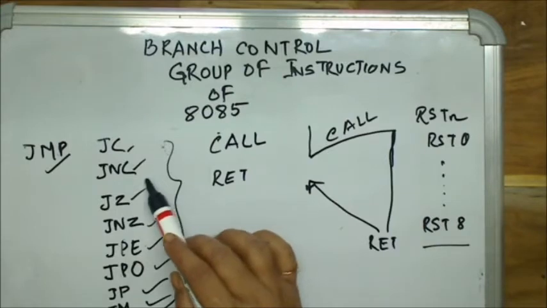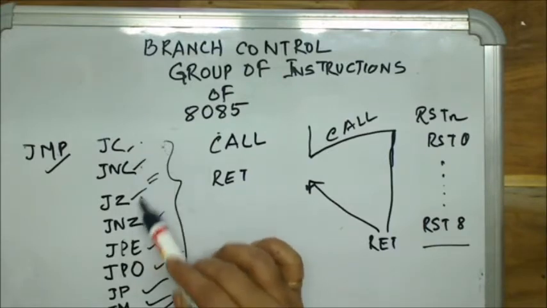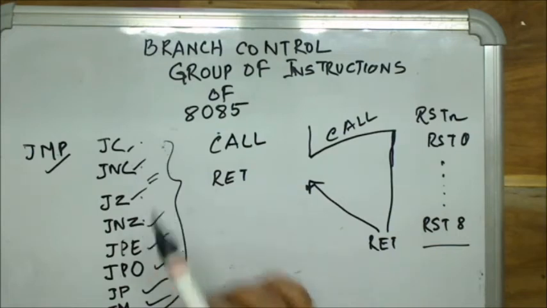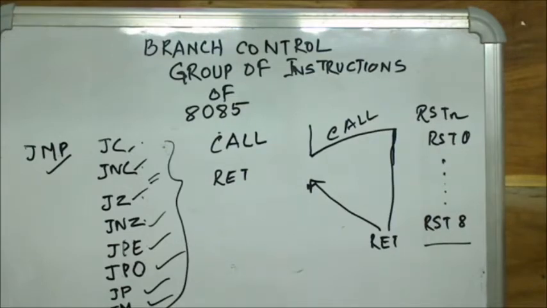What will they check? They will check the flags. These two will check the carry flag, these two will check the zero flag, JPE and JPO will check the parity flag, and JP and JM will check the sign flag. So these are all conditional jumps.